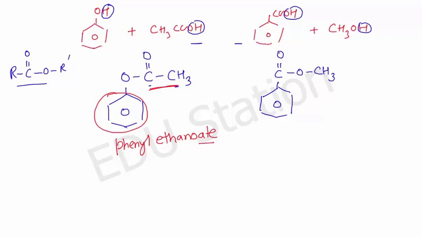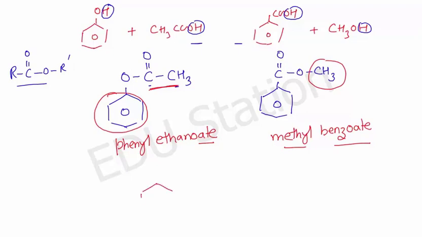The second one, this is coming from an alcohol, so it will be methyl benzoate. If on benzene this carbon has no hydrogen, you write benzo, so it becomes methyl benzoate. The structures are very similar.